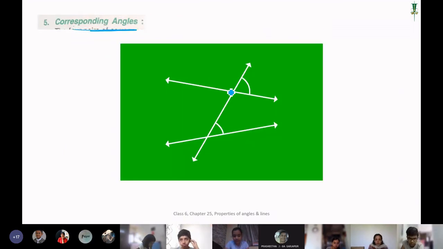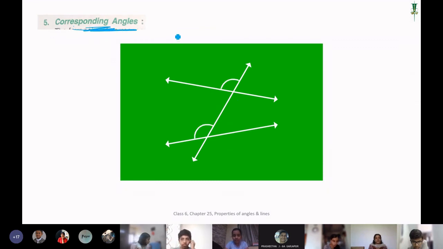Corresponding means if you see one is in the interior and the other is in the exterior, but on the same side. Allied is used as a different name for angles, so we will not use it here, because here they are only going to call corresponding angles those angles which are on the same side. They are still allied, but that word is not used here to name it.